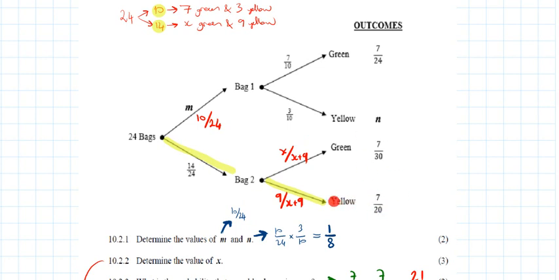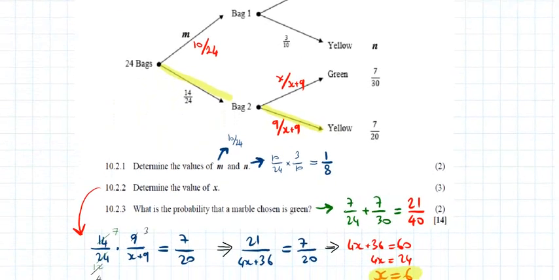There's only one x in the denominator. So my equation is going to be 14 over 24 times 9 over x plus 9 is equal to 7 over 20. You solve this equation, it is solved here, and you get x.